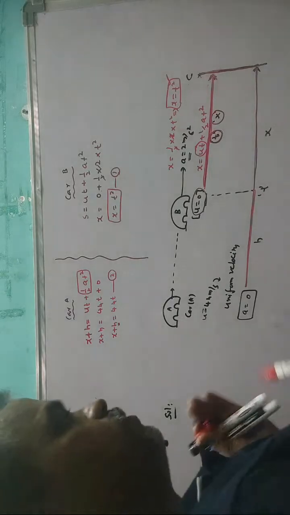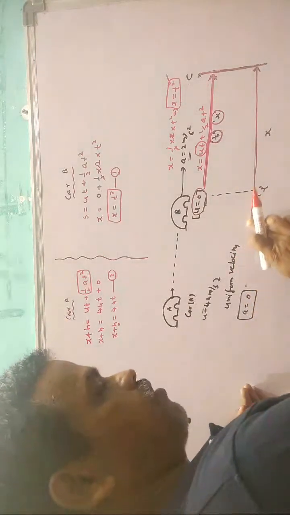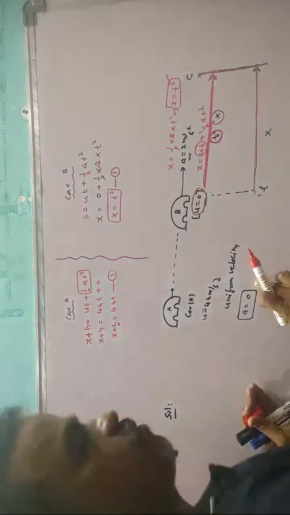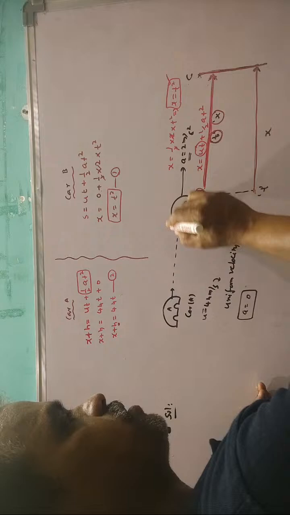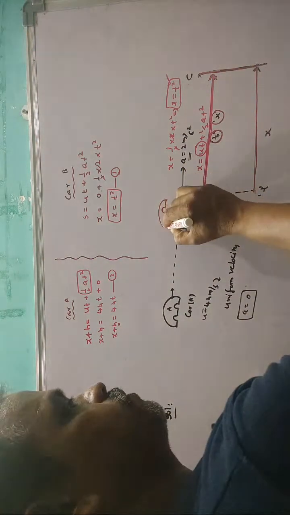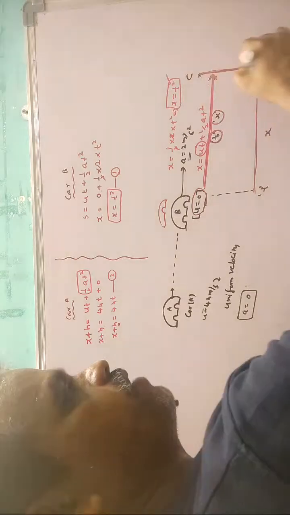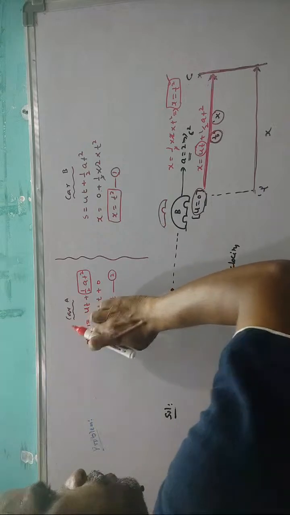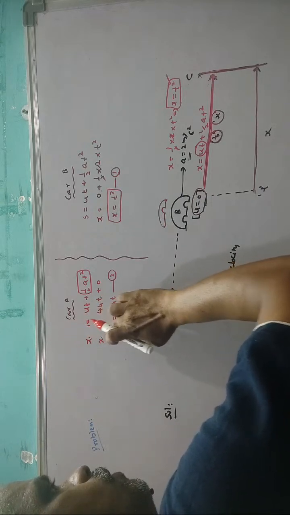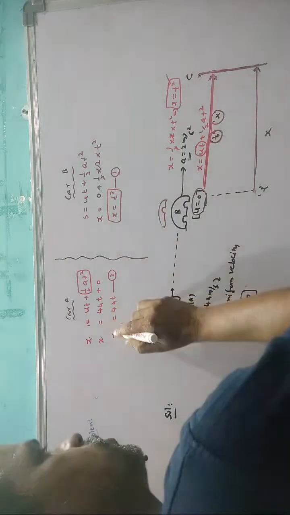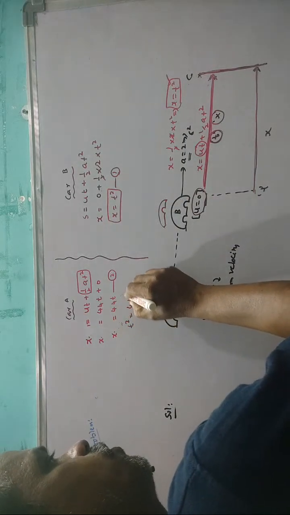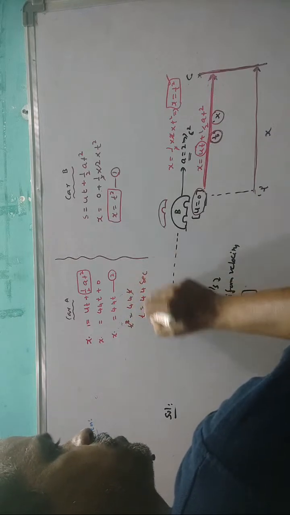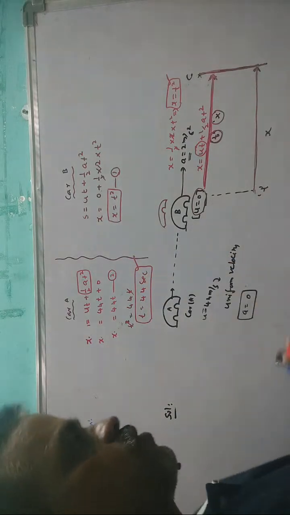Car A and car B started here only. First it overtakes, then we have to check where they will meet again. For that we don't consider h here. So x equal to t square and x equal to 44t. From these two equations t gets cancelled, t equal to 44 seconds. So the answer is 44 seconds.